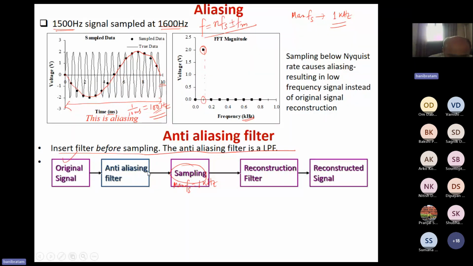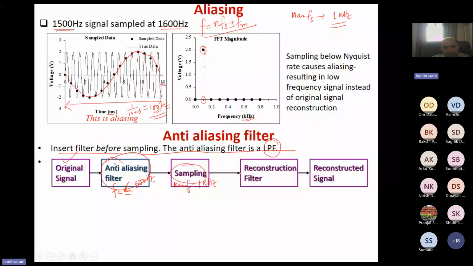So in between we put this anti-aliasing filter, which is a kind of low pass filter, whose maximum cutoff frequency FC I have to choose as 500 hertz for this example, so that whatever the signal, its maximum value will be restricted to 500 hertz.